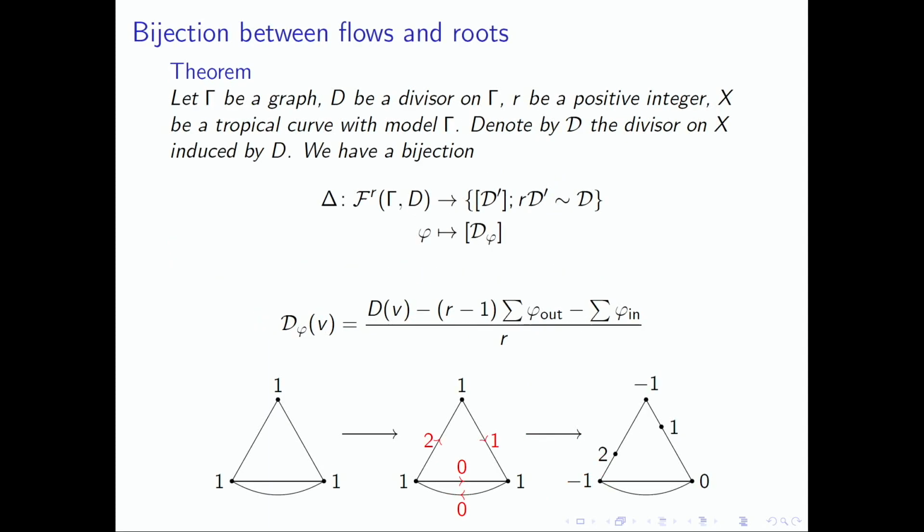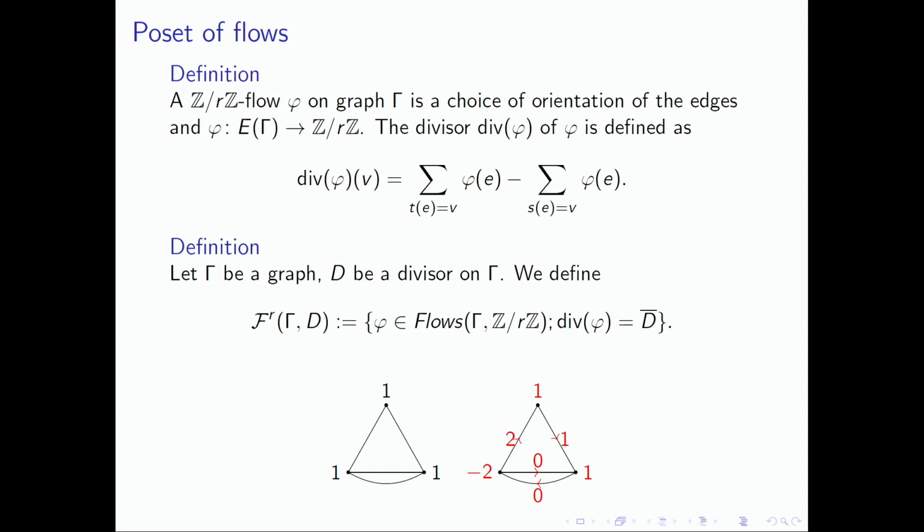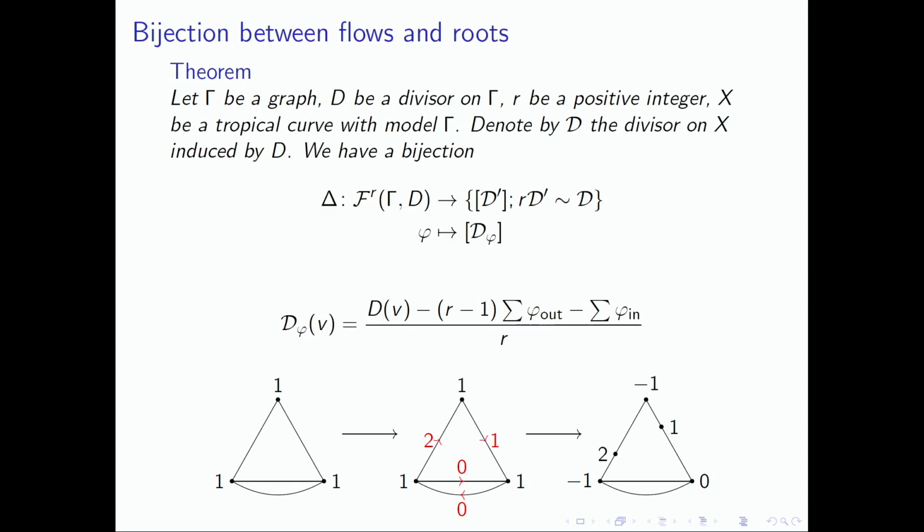And actually, I have a theorem telling you that this set of flows, the set F, gamma, and D, is indeed the set of all r-th roots of the divisor D. Indeed, we have a bijection between the set of flows and the set of these roots, actually the classes of these roots. And this one-to-one bijection is very explicit, and we can describe explicitly what is the root associated with a flow. This is the rule.